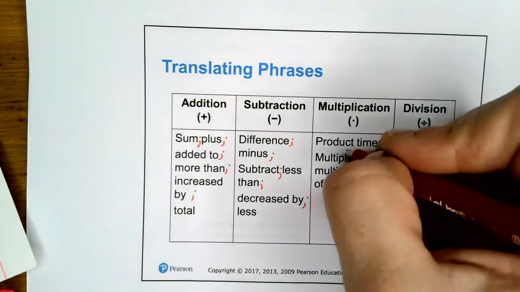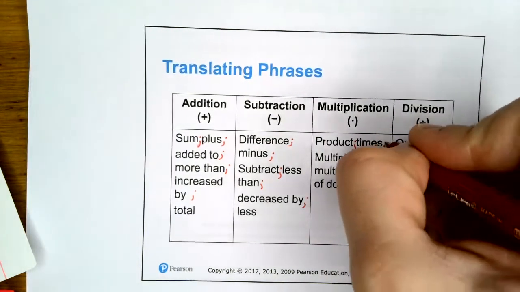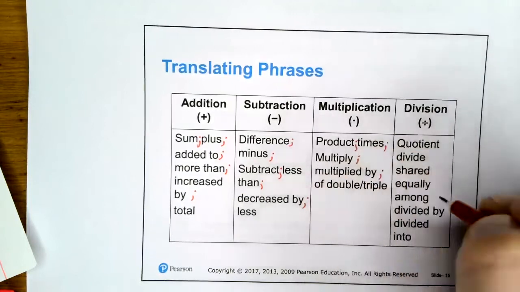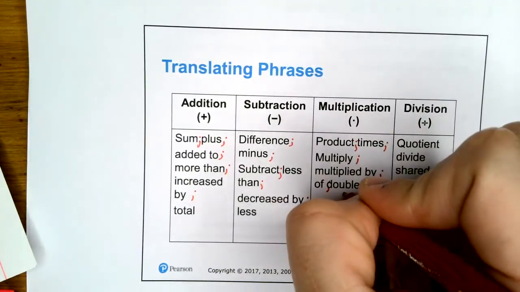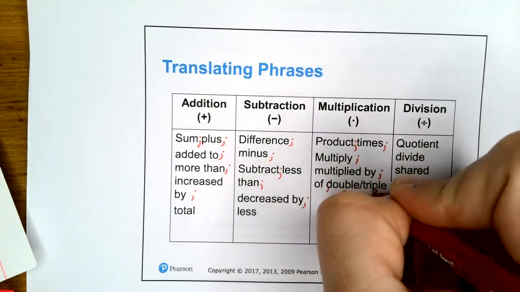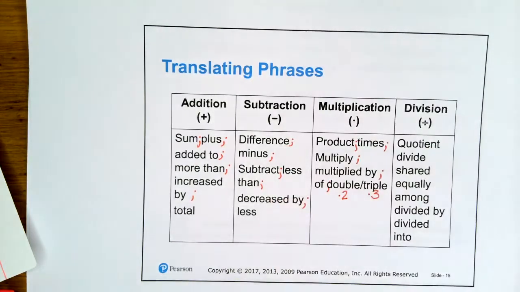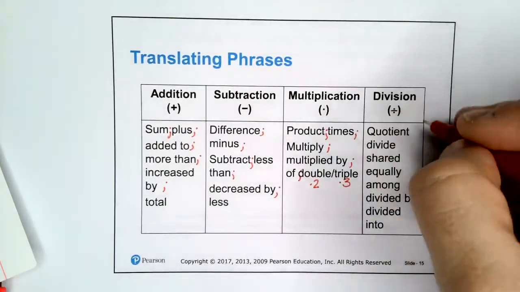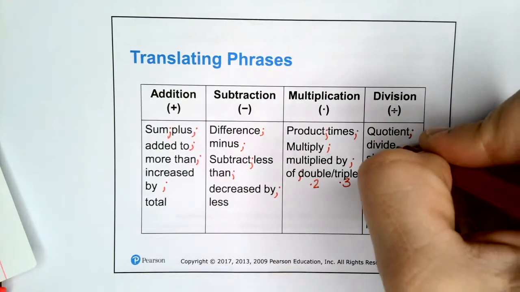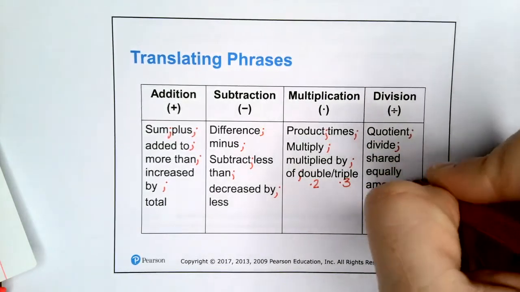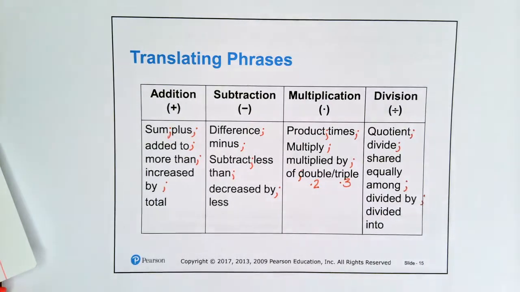Multiplication, we have product, times, multiply, multiplied by, of, double, which only means 2, right? Or triple, which means times 3. Division, we have quotient, divide, shared equally among, divided by, and divided into, okay?